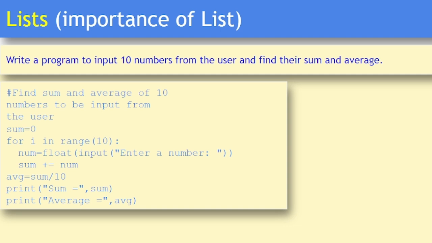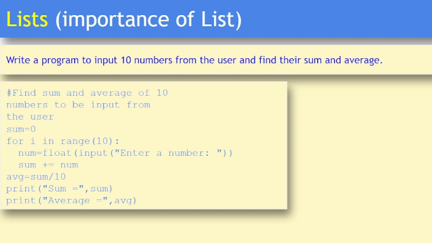So sum is printed and average is also printed. There is nothing new to be discussed here. It is simply taking the float numbers and calculating the sum, and when you come out of the loop, it calculates the average of the sum we calculated during the repetition.